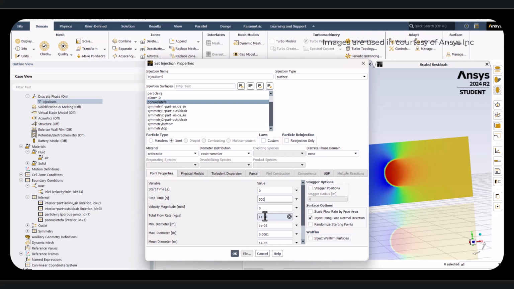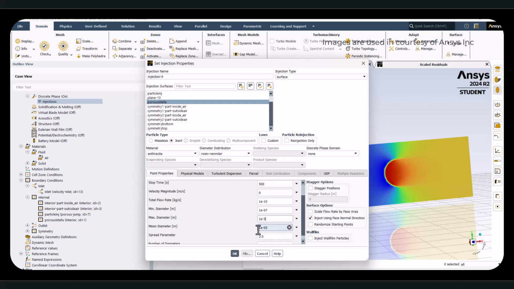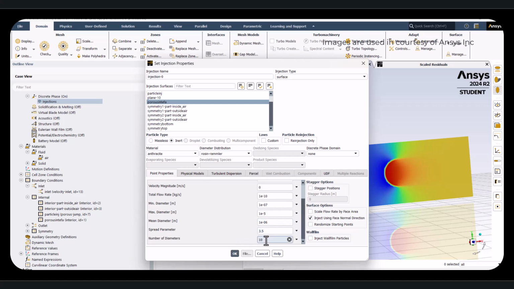The total flow rate I'll set as 1e-10. Here we have selected 1e-7 as minimum diameter and 1e-5 as maximum diameter, right? And mean diameter right now we can take as 1e-6, right? The spread parameter and the number of diameters.